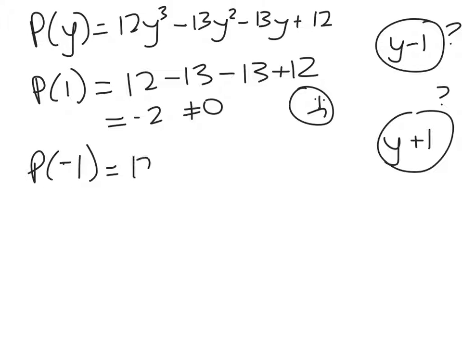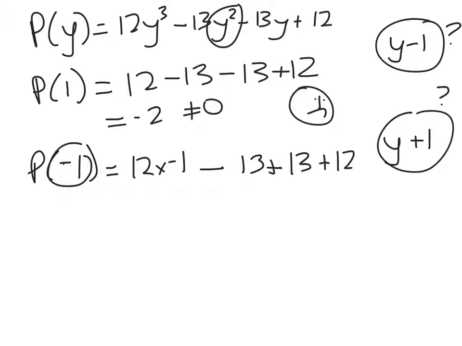So we get 12 times negative 1, minus 13 times 1, because negative 1 squared is 1, minus 13 times negative 1, so plus 13, plus 12. And look at that, we've got negative 12 minus 13 plus 13 plus 12 equals 0. So y plus 1 is a factor.